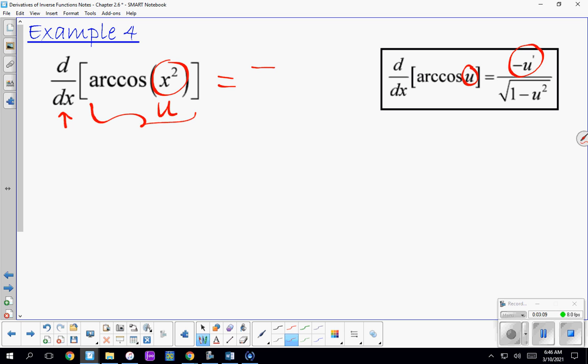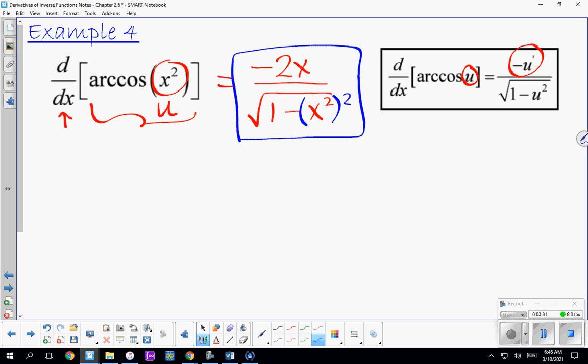So we'll have negative, whatever that u value is, u prime, so we'll do 2x all over the square root of 1 minus whatever that u value is squared. And since that u value is x squared, I'm then going to square it. And this is it.